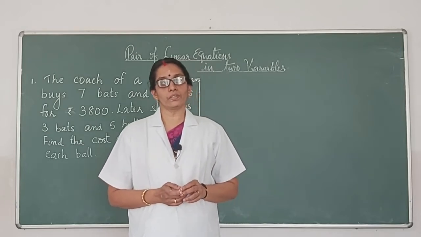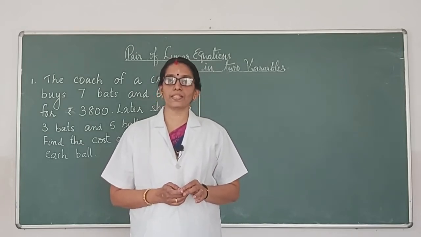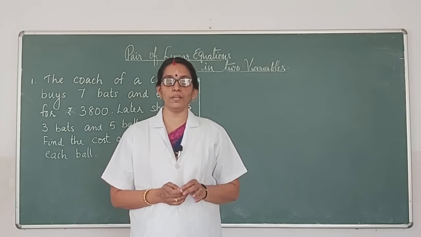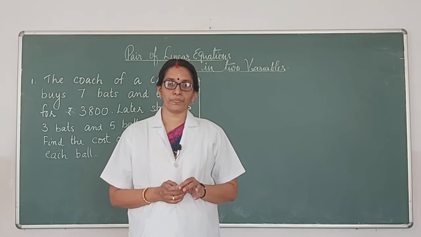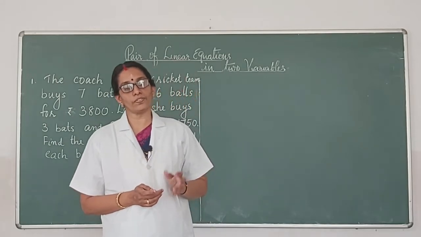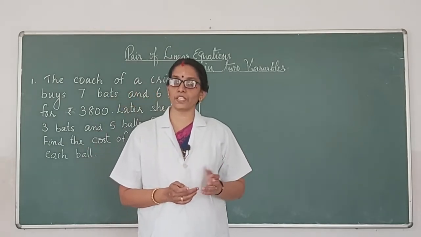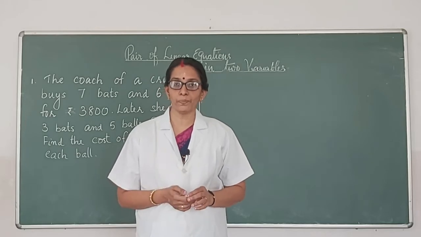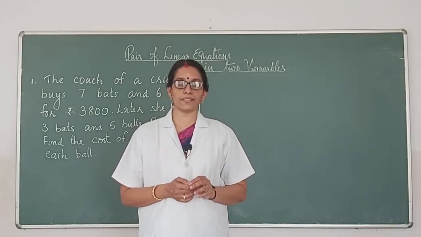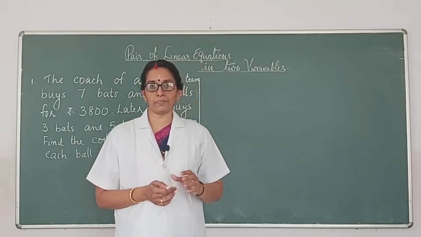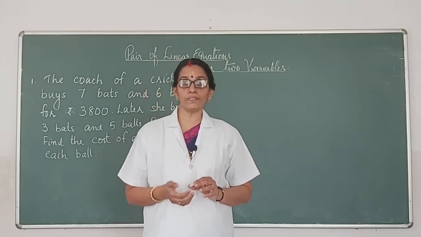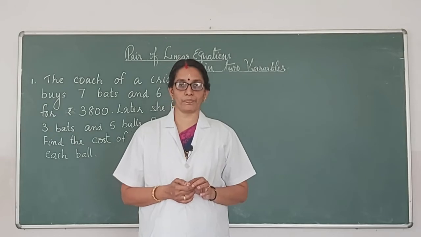So now we are going to discuss some situational problems on pair of linear equations in two variables. In the first video of this chapter, we discussed some situations where we use pair of linear equations in two variables, isn't it? Now let's discuss one by one to solve these problems.